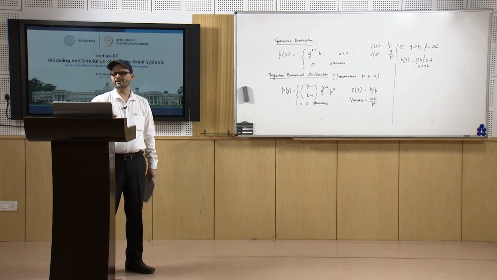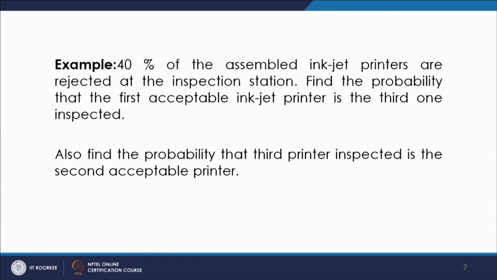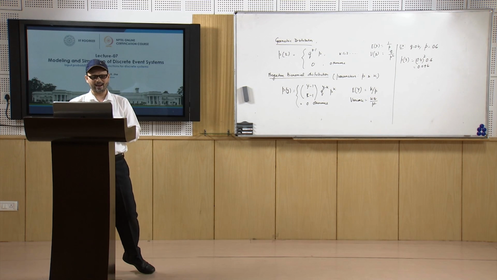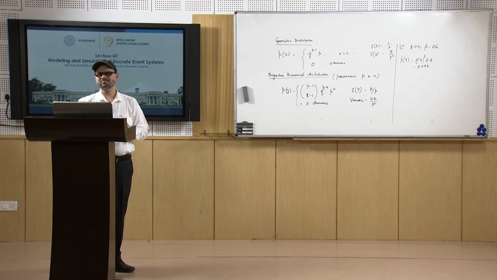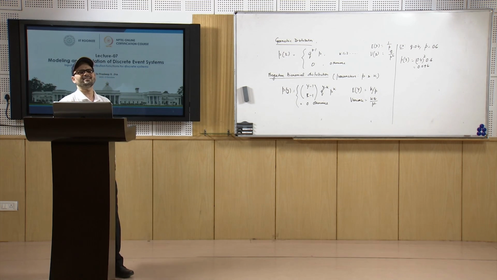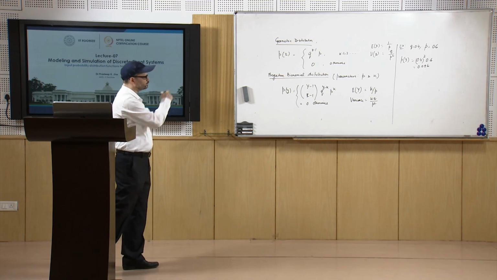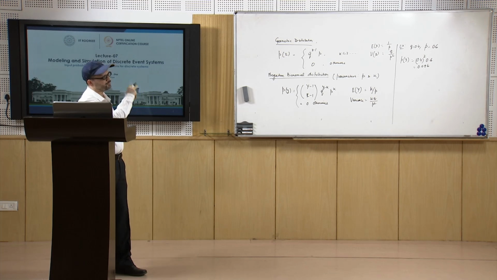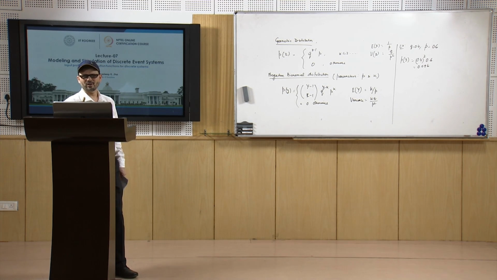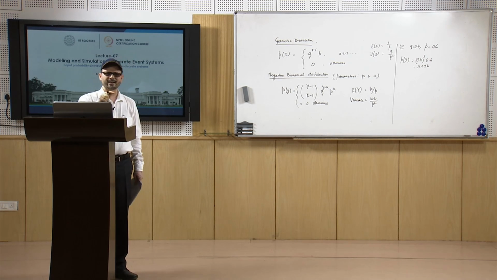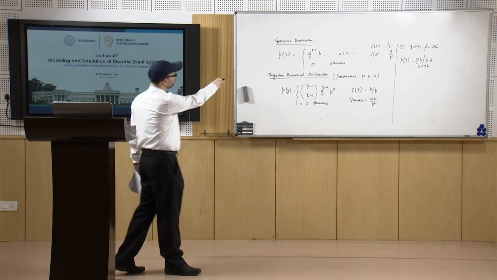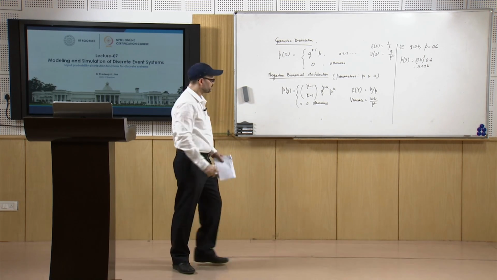Also find the probability that the third printer inspected is the second acceptable printer. So, you have to find that the third printer which you have inspected is the second acceptable. We are going for 3 experiments and we want the second acceptable printer. For that again you will use this negative binomial distribution.